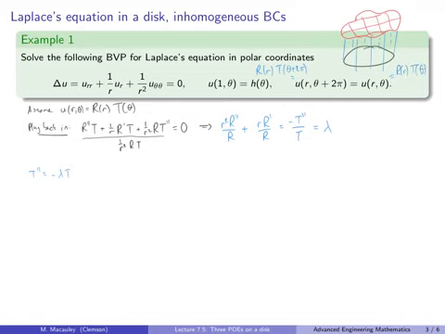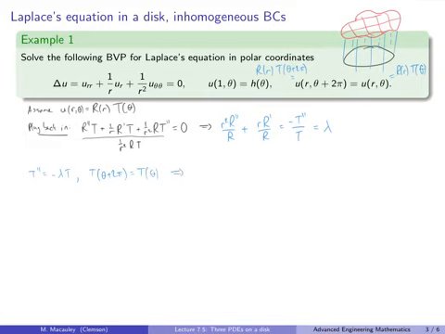So that means that these R's cancel and we get T of theta plus 2 pi equals T of theta.